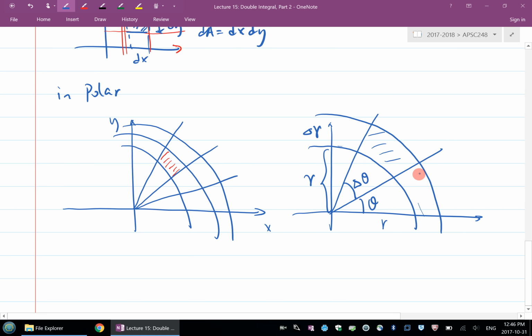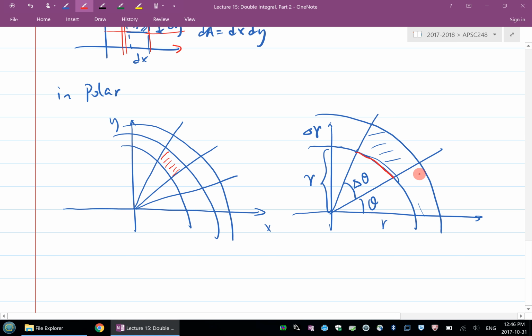So if I use a rectangle formula, the area will be what? This side multiplied by this side, right? For a rectangle, you consider this and this the same thing, because it's a very small change, right? So this side is very easy. This side is just delta r, right? So what about this side or this side?